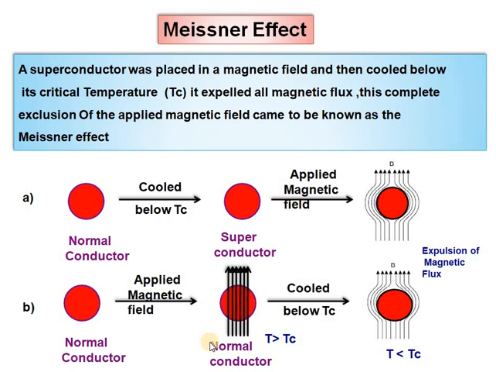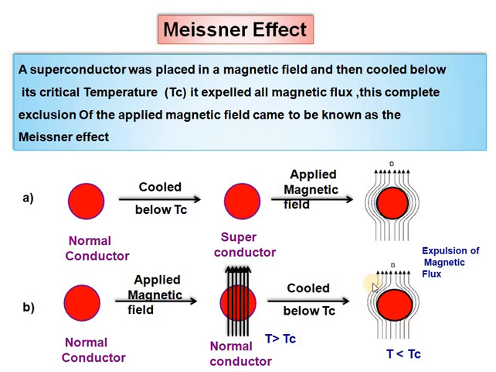Then we observe that the magnetic flux lines penetrate, or pass into, the normal conductor if the temperature is greater than the critical temperature. Then when this normal conductor is cooled below the critical temperature, what happens?